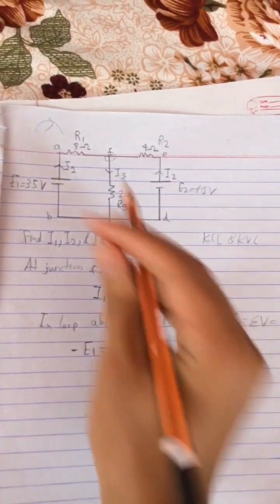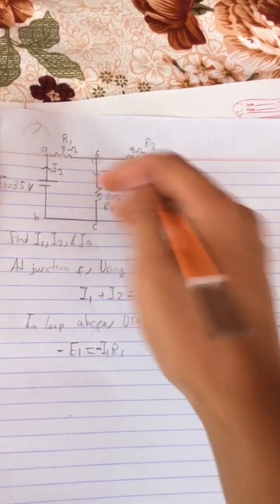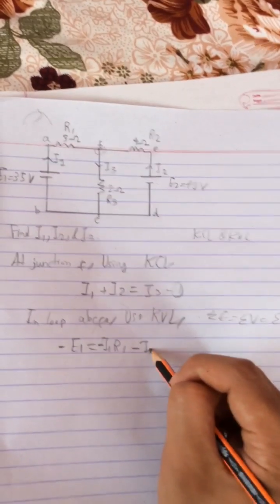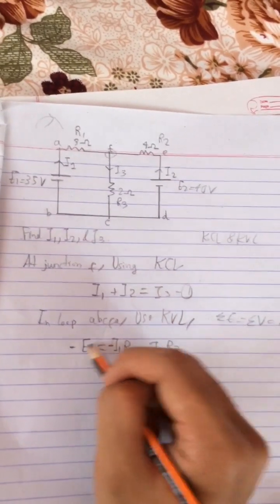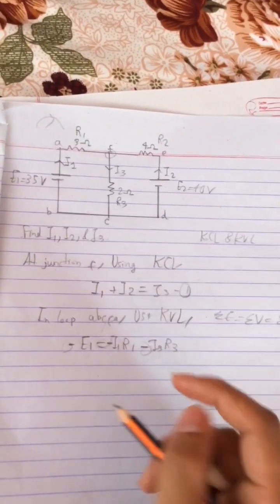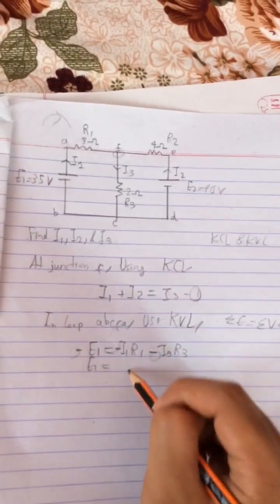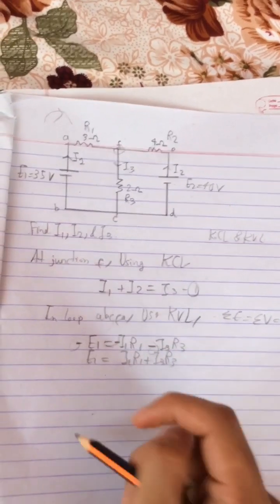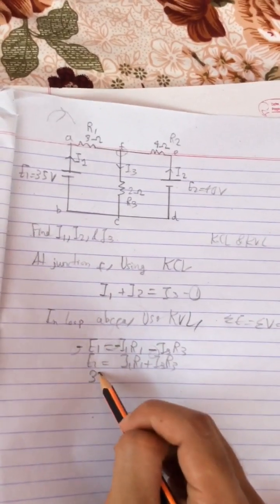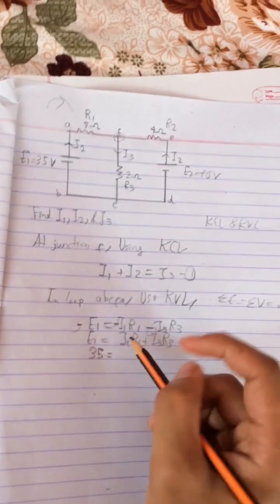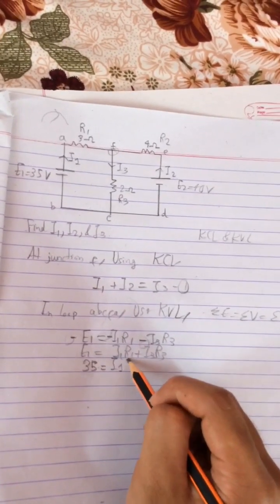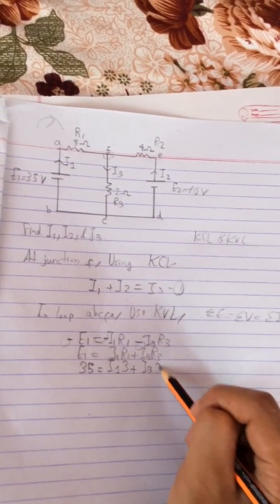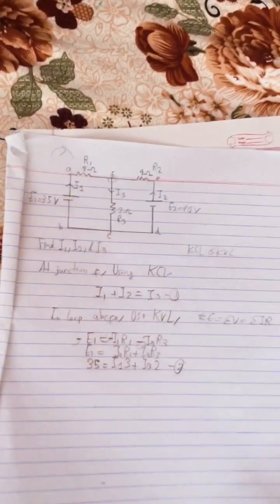This is also negative, and this is also negative clockwise, which is I3 into R3. Now since these three are all negative, we can just cancel that out. So we have E1 as 35 equals I1 R1, which is 3, plus I3 into 2. This is our second equation.